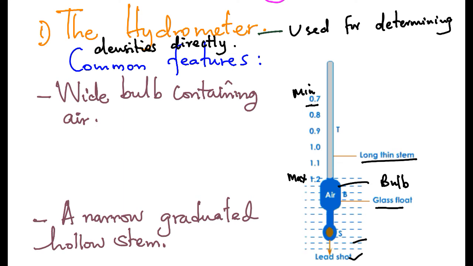So what is the function of the bulb? The bulb is wide and contains some air in it. It is wide so that it can displace large volume of liquid.